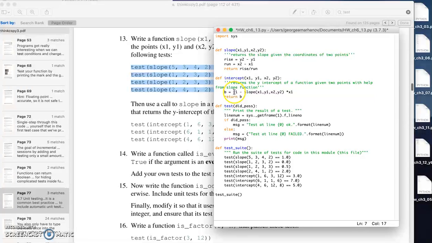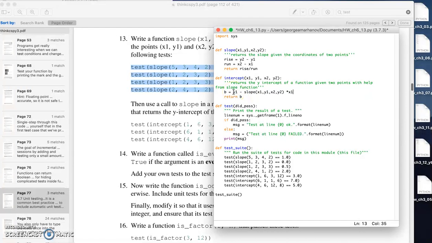So this side says y minus mx, and that would be y1 minus our slope function, because m stands for slope in that slope-intercept form. So this would be m. I could write it out, stack that more like m equals our slope function, but I did it to save some space and put it all in one line.